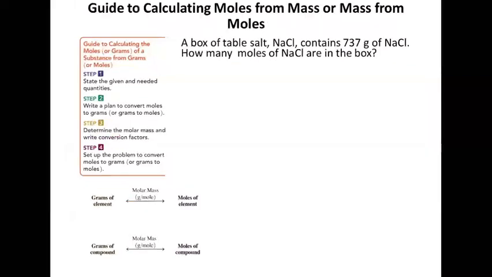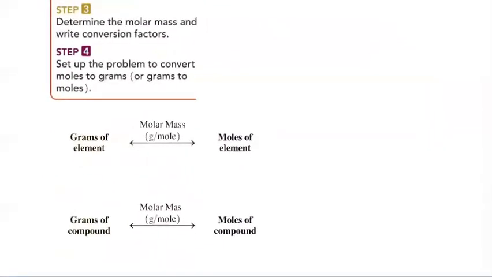Well, we can see in the corner that whenever we're doing a conversion between grams of a compound or grams of an element, as you can see in the top, and we're trying to find moles of a compound or moles of an element, our conversion factor is going to be molar mass. So let me just label this.